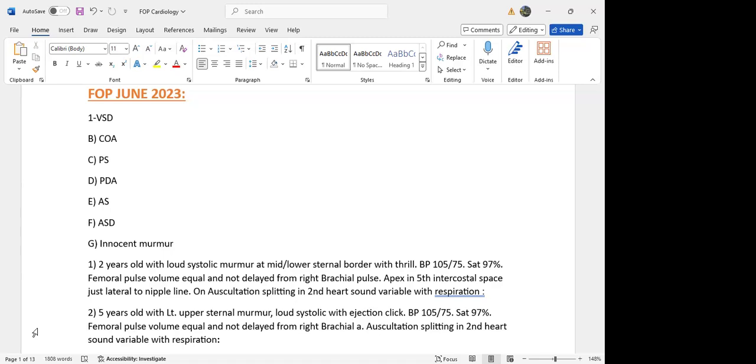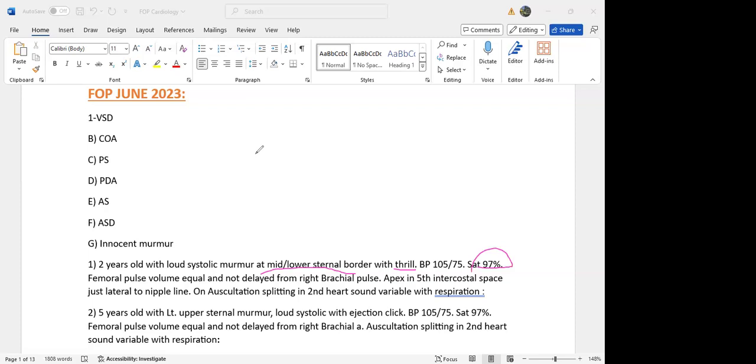border. So it's a loud murmur, and the location of the murmur is the mid to lower sternal border. Okay, so keep the murmur side with thrill. If there is a thrill, then definitely the murmur grade is more than 3. Blood pressure is okay, saturation is 97, that means pink disease.